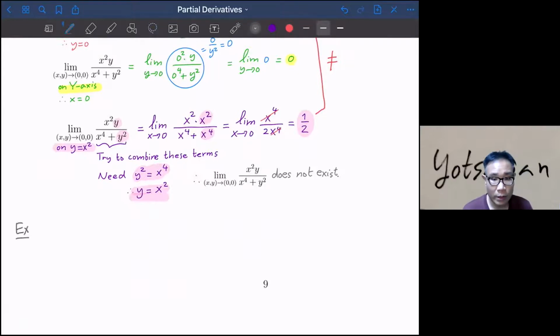Okay, so let me write you another example. The thing that I'd like you to do is show that the limit as (x, y) goes to (0, 0) of x to the fourth y squared over (x squared plus y squared) to the third does not exist.